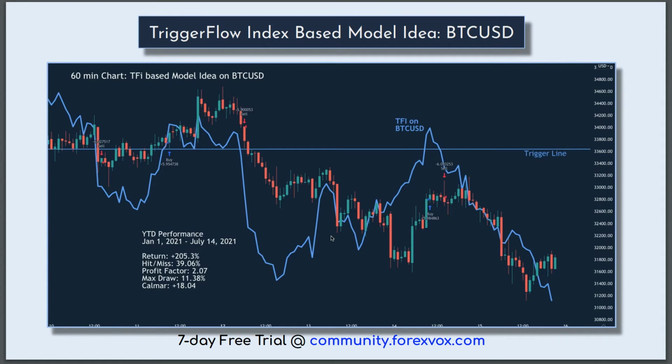So the basic methodology behind this is that the trigger flow index here, which is proprietary in nature and how I derive it, goes along very well with price. But as you can see, it goes up and above the trigger line, as I call it. It is these crosses that generate the buy and sell signals.